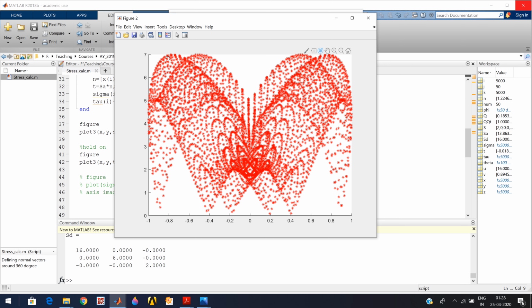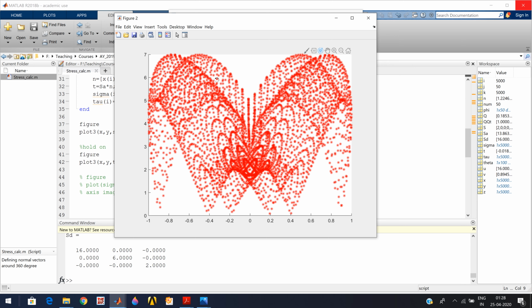7 is 16 minus 2 by 2. We know the shear stress will be maximum at sigma 1 minus sigma 3 by 2.